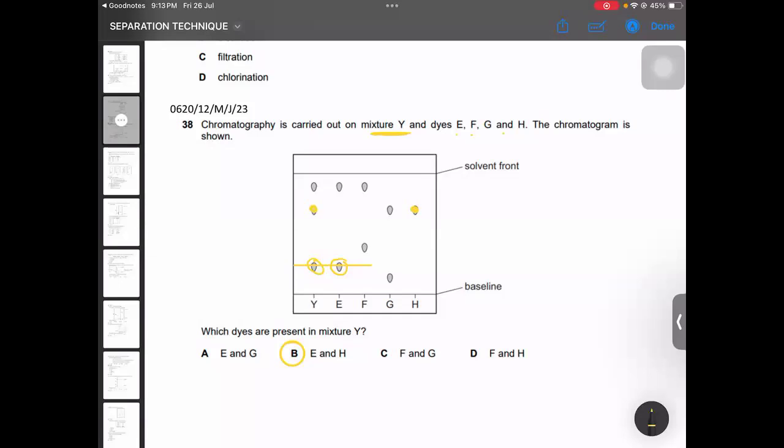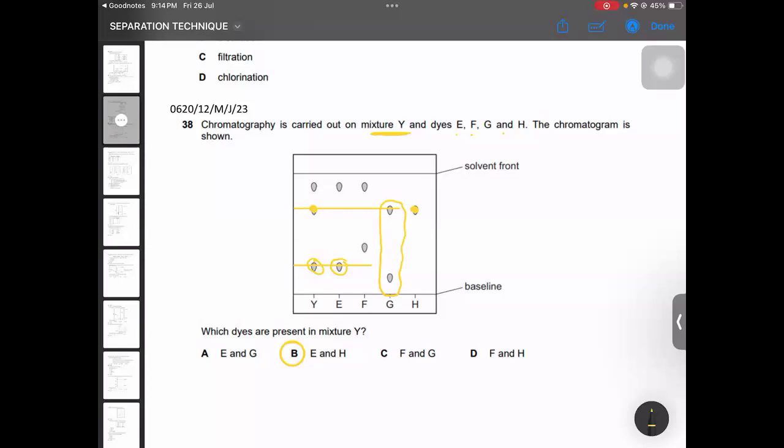E and H. I know that some students are thinking, Sir, G has also the same distance, so why are you not taking it? Beta, G is not a pure substance. It's giving you two spots. Pure substances have only one spot. What I told you: a pure substance is a single species.